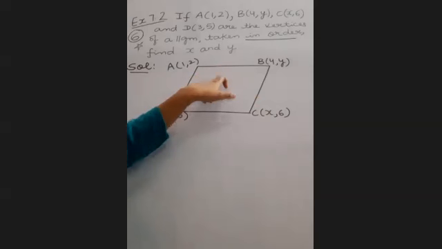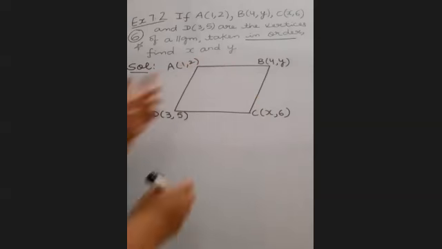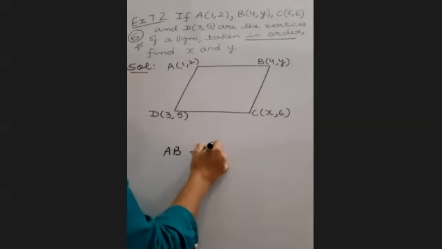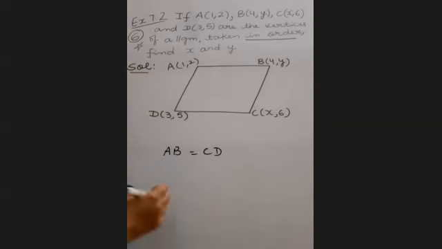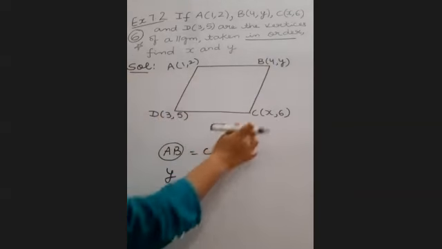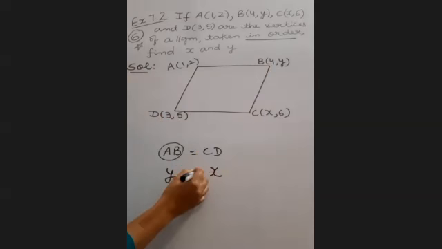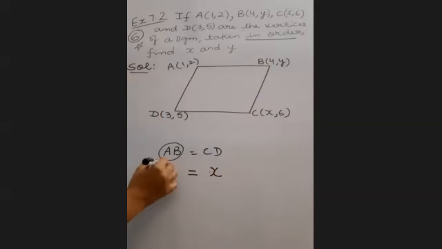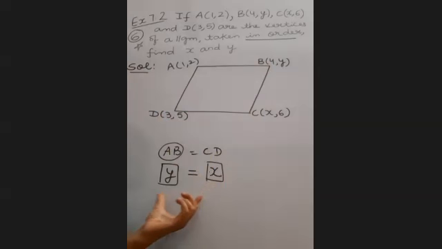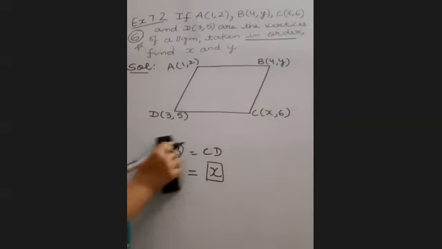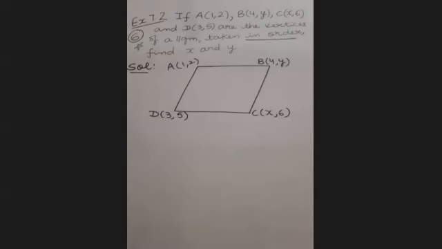So if I equate AB equals CD using the distance formula, I will have an equation in Y from AB, and from CD I'll get another equation in X. When you are equating one equation in Y and another in X, are you going to get the value of either? No, ma'am. Two variables means two conditions are a must. So this will not work.